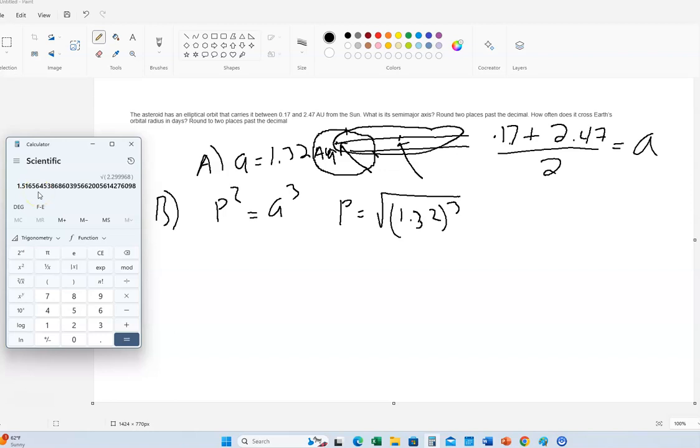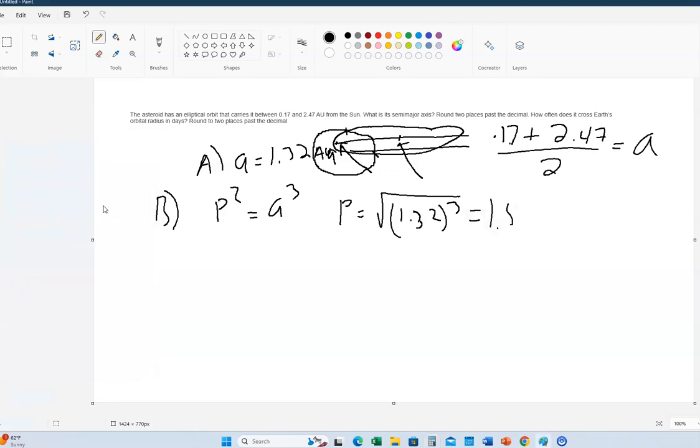Okay, so that's the unrounded version. But really, what I need to know is how many days that is. So you just take this 1.52 years and you say, well, in 1 year there's 365.24 days. All right, and that's how many days.